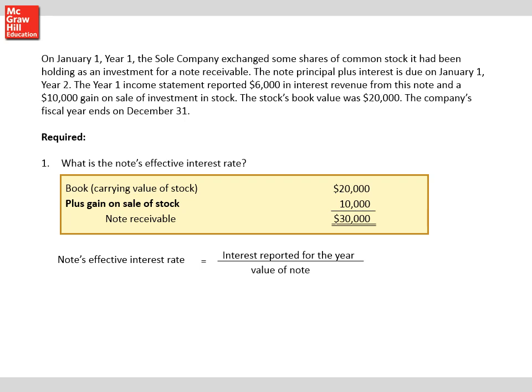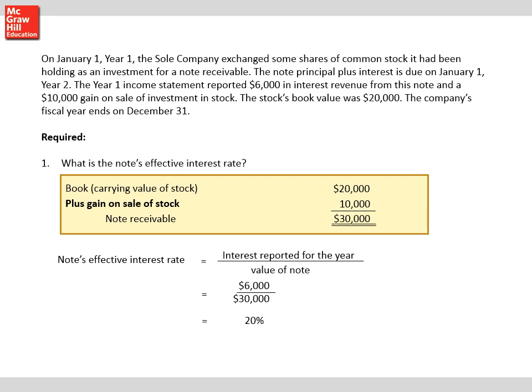Okay, I'm doing it wrong. The selling price of the stock is $30,000, which is the book value of the stock plus the $10,000 gain. So they sold the stock for $30,000. Sorry, I got that backwards a little bit in my head. So the value of the note is $30,000. The interest reported for the year is $6,000. $6,000 divided by $30,000 gives you an effective interest rate of 20% for the year. That's a lot.